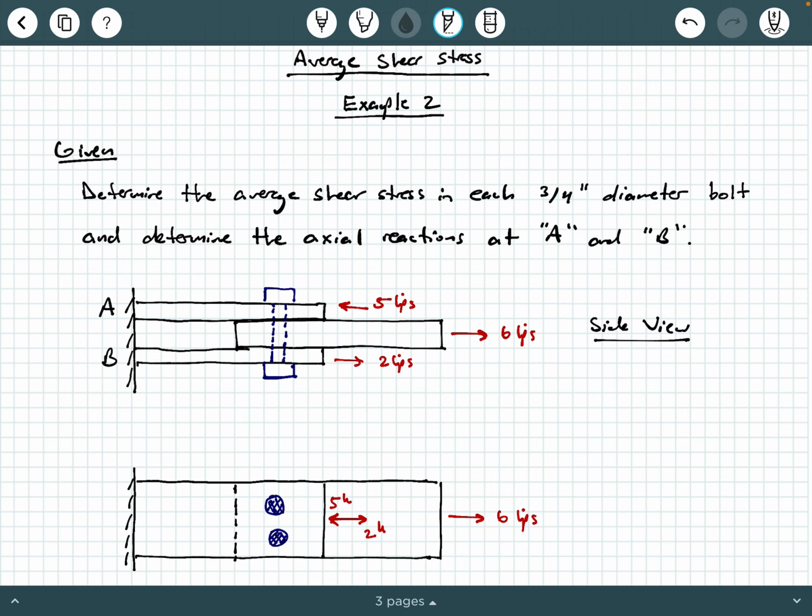The middle plate is subject to a 6 kip load that's pulling on it, so that's causing a tensile effect. The top plate has 5 kips directly applied to it, and the bottom plate has 2 kips directly applied to it. The connection between the top plate and the wall is A, and the connection between the bottom plate and the wall is B.